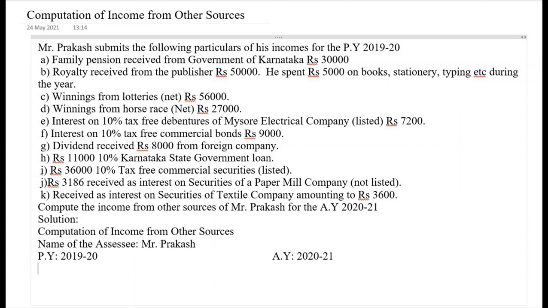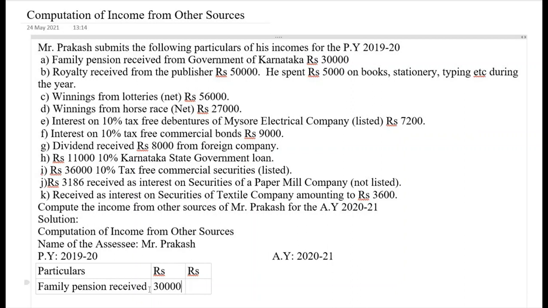Let me insert a 3 column here. So particulars, this is a simple problem, which tests whether the students have learned grossing up or not, that's all. So family pension received, which is given as rupees 30,000 here.